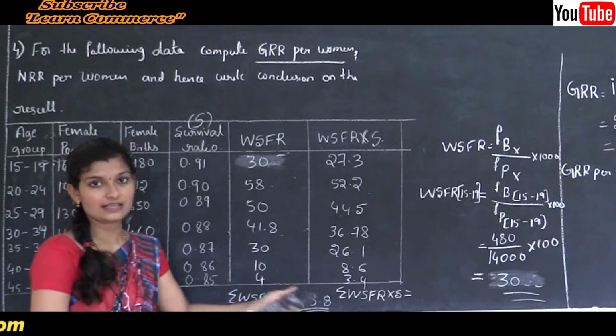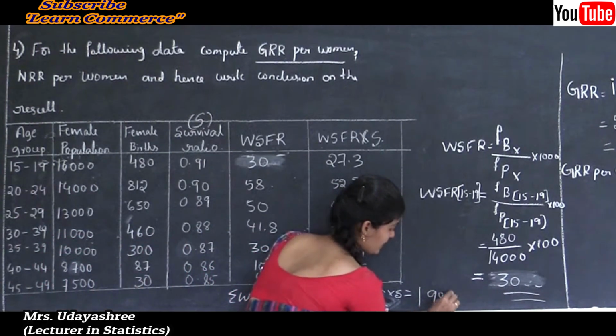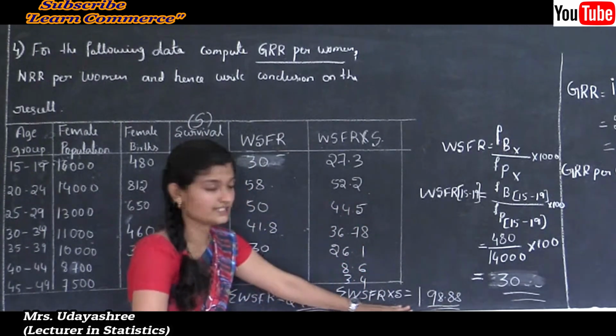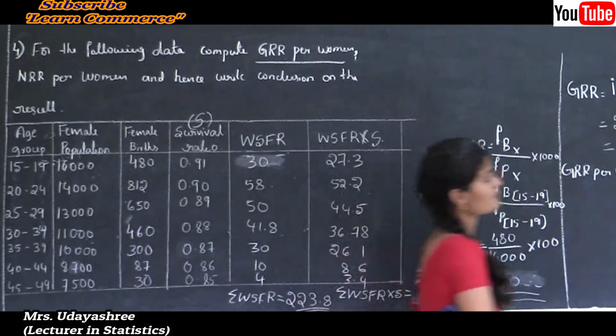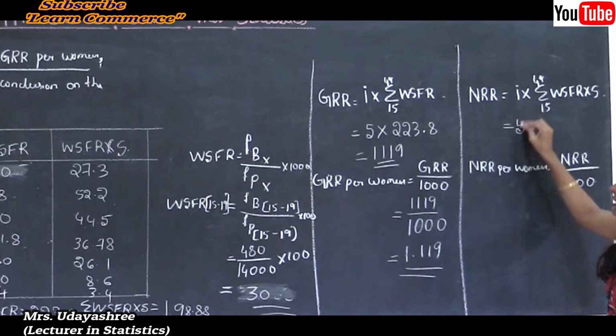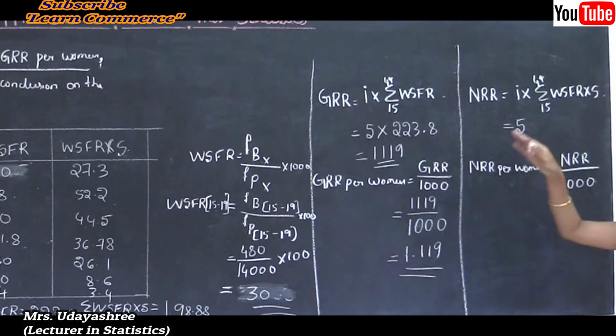The sum of this answer is 198.88. Here we got the value of sum of WSFR into S. Now I will substitute these values under this formula. I is 5, that we know. We already calculated the width of the age group, that is 5.